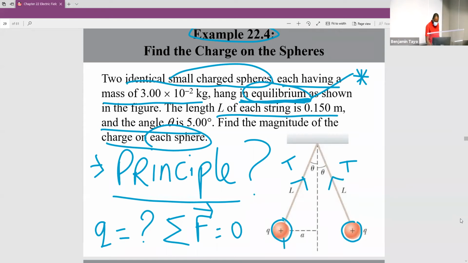And then there's some force of gravity pointing down, right? And then there is an electric force pointing like that. When I calculate the electric force here, notice that it's pointing to the right because this is positive, right? So if you have two positive charges, you get a repulsive force.